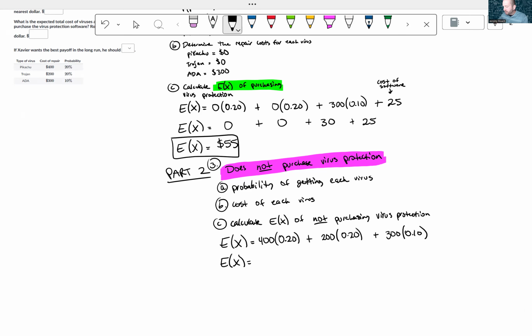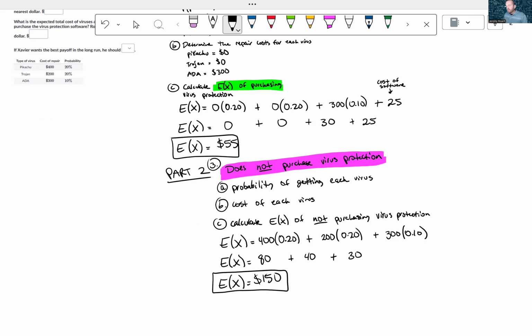Okay, when we multiply this out, we get 80 plus 40 plus 30. And this is equal to 120 plus 30, which is $150. This is if he does not buy it.